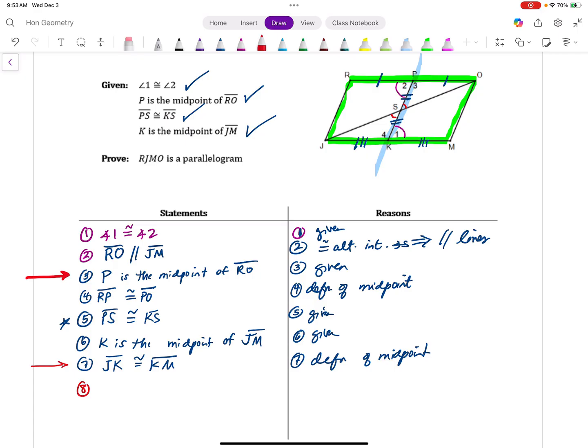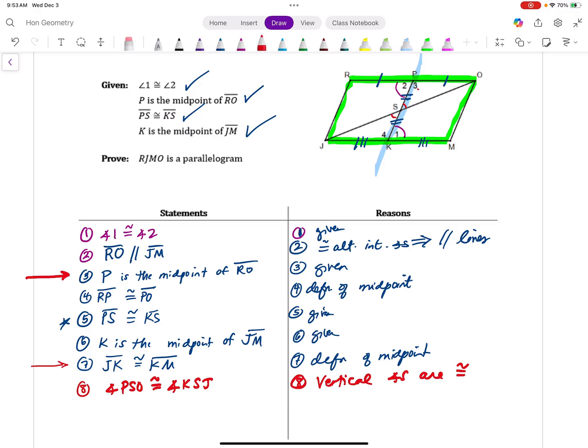All right, let's get this one though. So angle PSO is congruent to angle KSJ because vertical angles are congruent. All right.